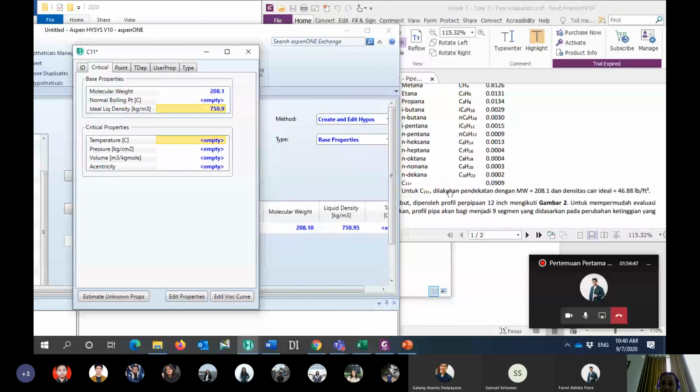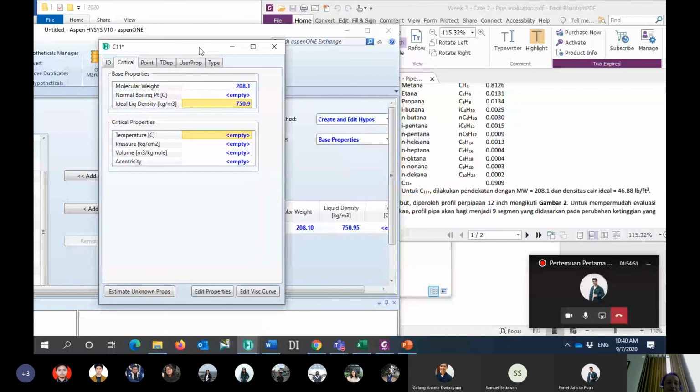If we don't have any other information related to this hypothetical, we can estimate unknown properties by clicking the estimate unknown properties button.